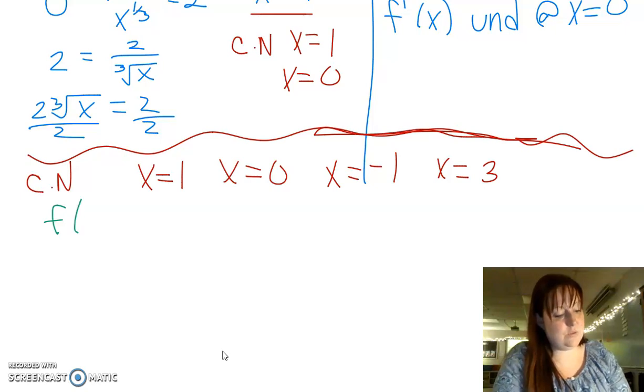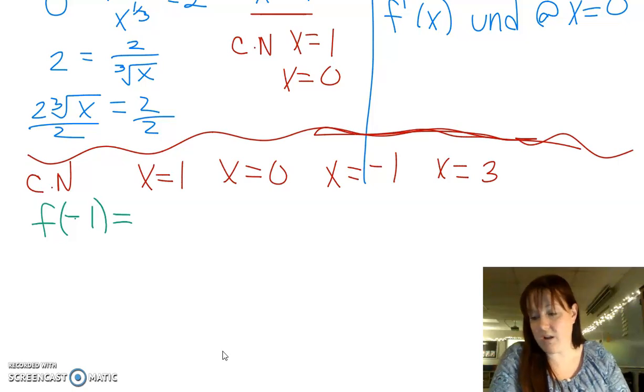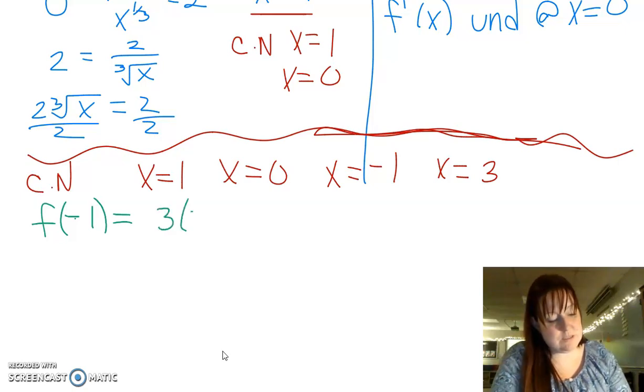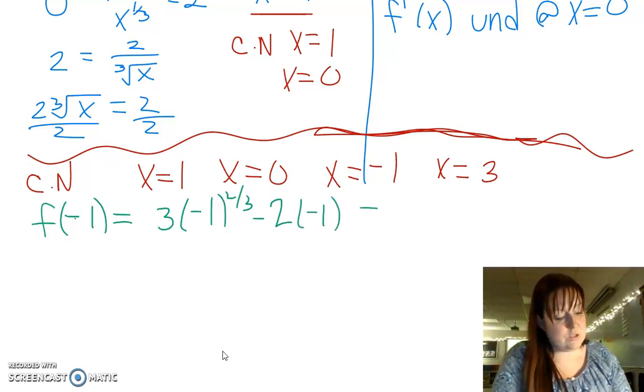Let's just go from smallest to biggest. When x is equal to negative 1, what is the function equal to? Well, that would be 3 times negative 1 to the 2/3, minus 2 times negative 1. So negative 1 to the 2/3 is negative 1 squared, and the cube root of that is still 1.